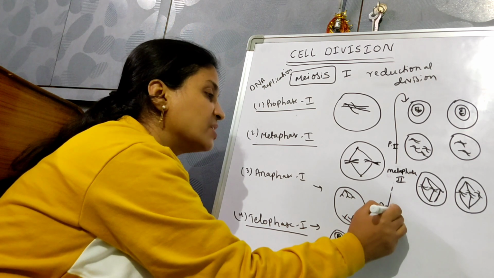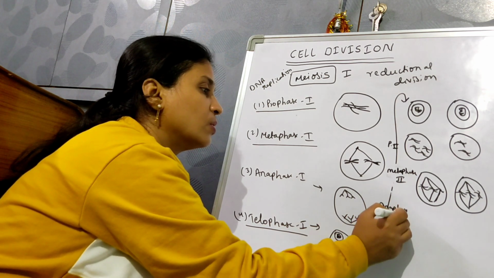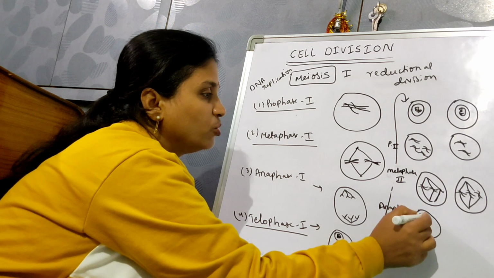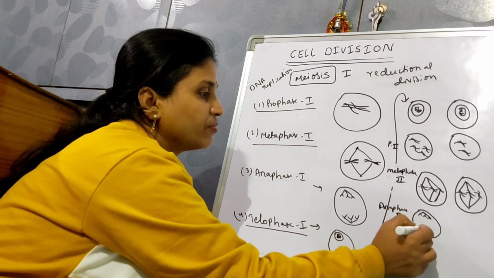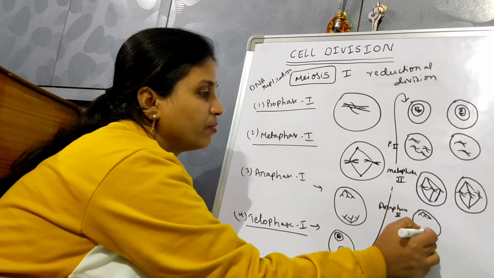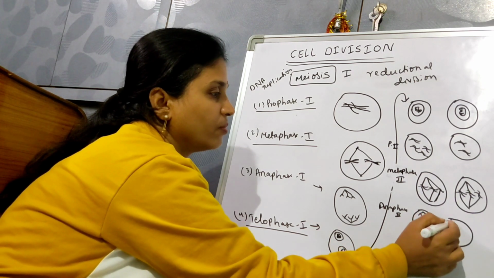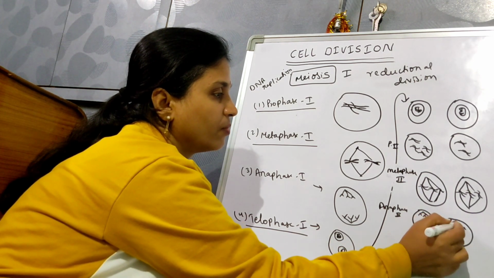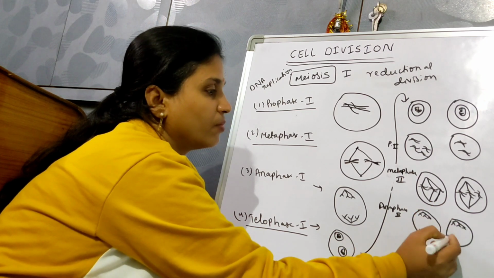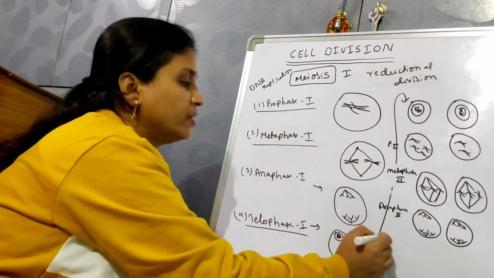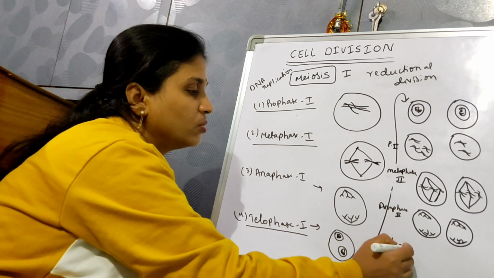Then in anaphase 2, the centromere splits and they are going to move to the opposite poles like this.